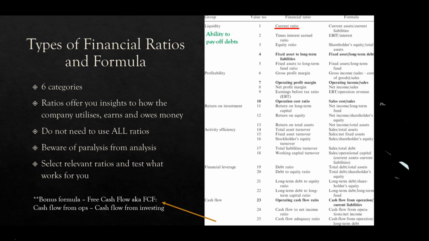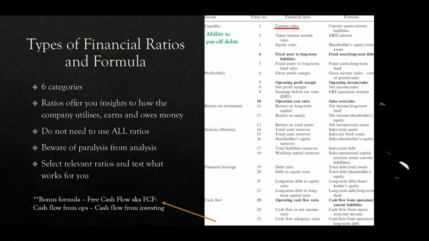Right? So this particular financial ratio means how much assets the company has in order to pay off their debts within a short period of 1 year, because it's current.